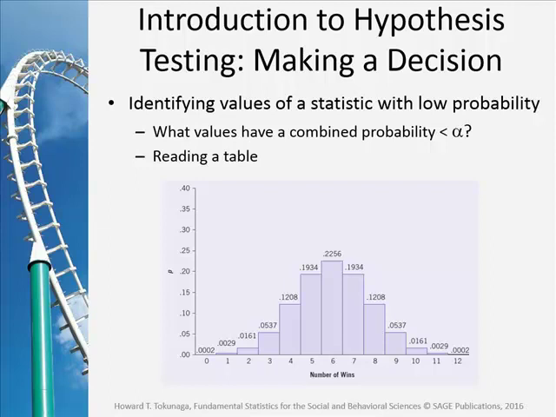Does our normal distribution have a beginning and an end? What's the beginning of our normal distribution and our end? Yeah, they go all the way out to infinity on both tails. So maybe, okay, Howard, you got a little something going on here. You're smart. So this is a binomial distribution of the number of wins out of 12.